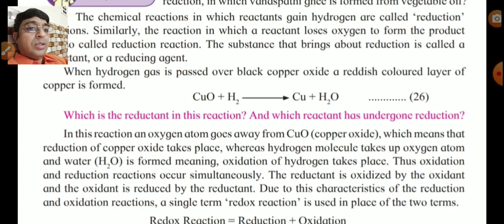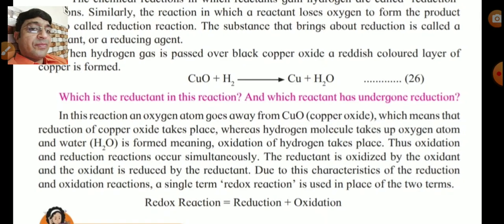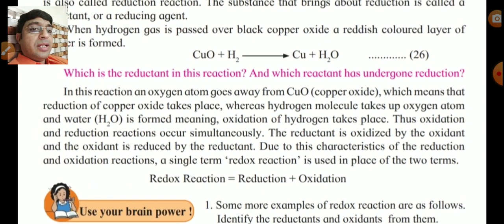So oxygen is lost from copper oxide, that is CuO. So this is the reactant. CuO has undergone reduction. In this reaction, an oxygen atom goes away from CuO, that is copper oxide, which means that reduction of copper oxide takes place.